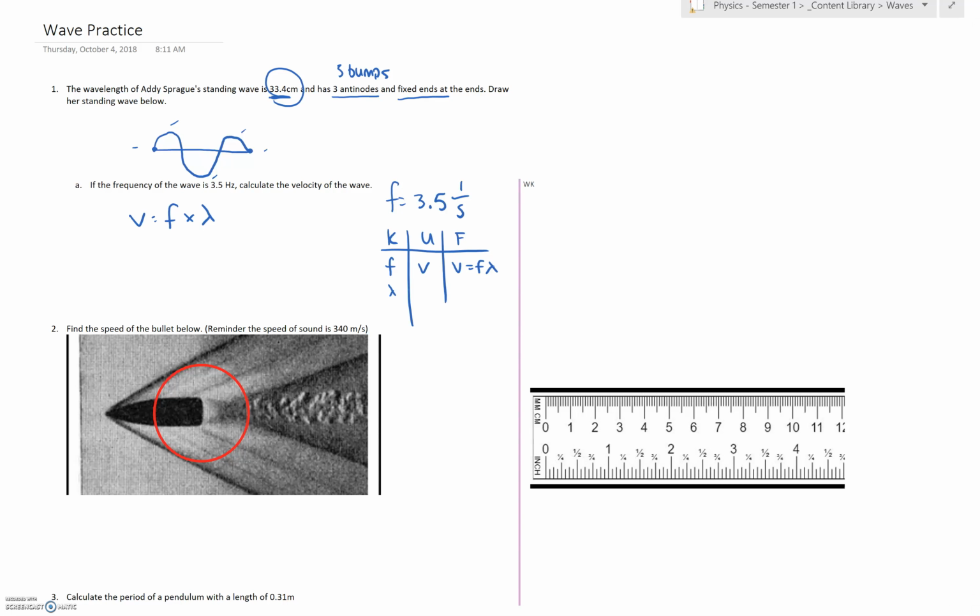We need to make sure of one thing, though. It depends on whether the question asks for the velocity in meters per second. If you want meters per second, you have to convert centimeters to meters. But this problem didn't specify centimeters or meters, so we can leave the original units in centimeters.